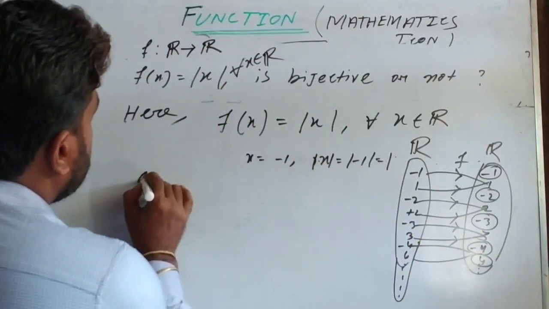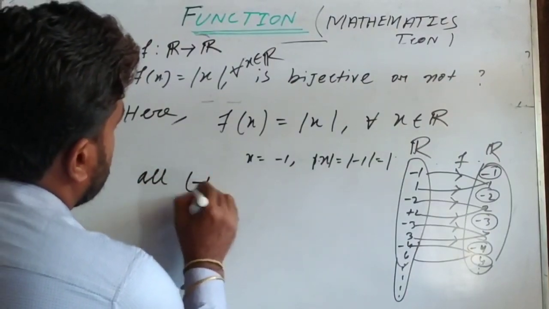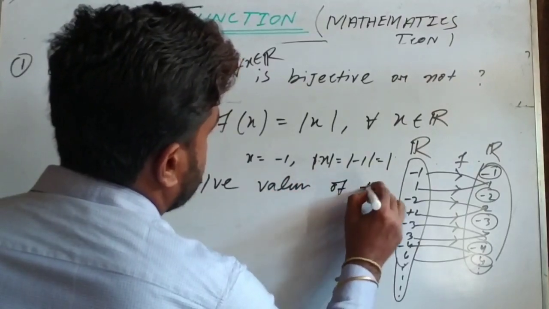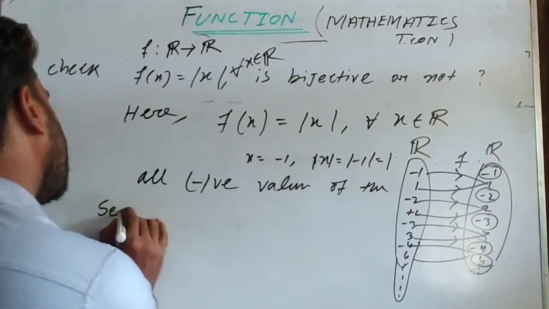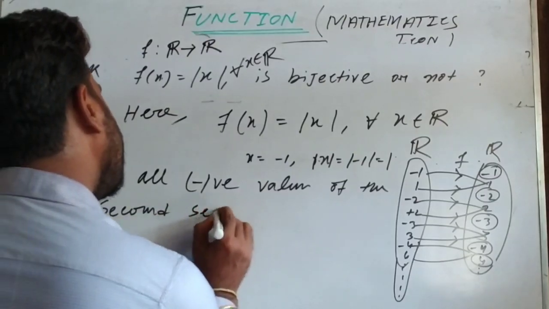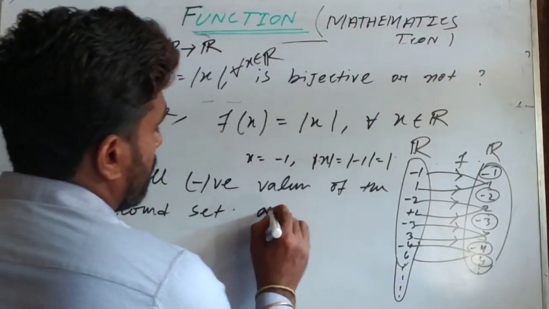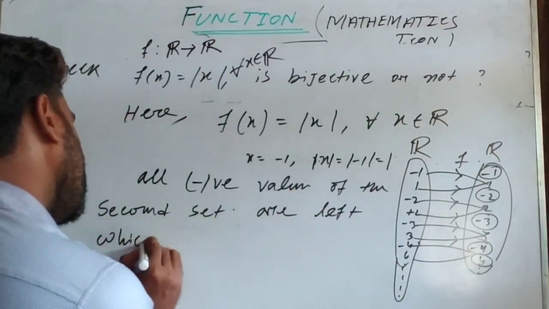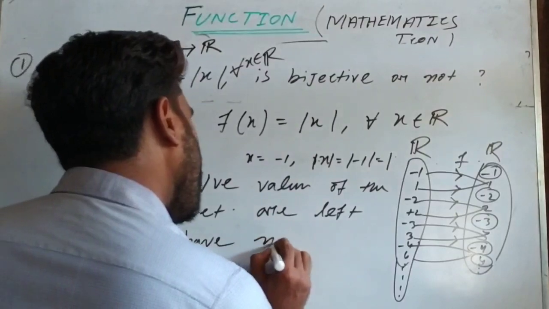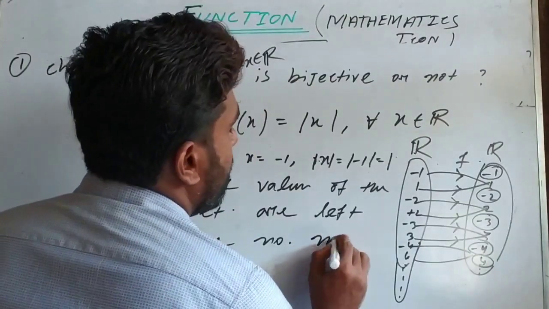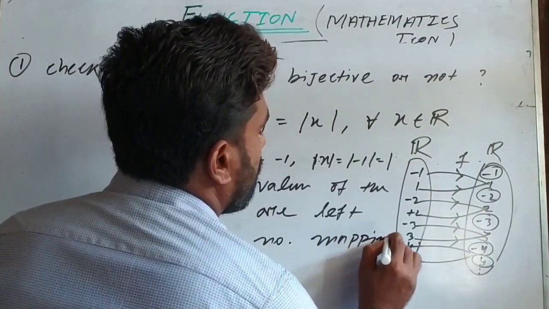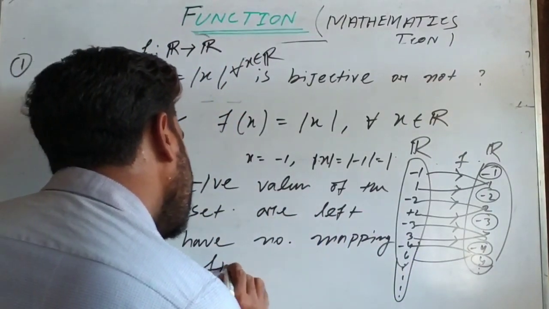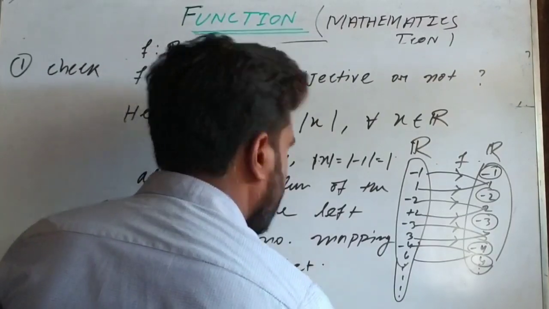All the negative values of the second set are left, which have no mapping with the first set.